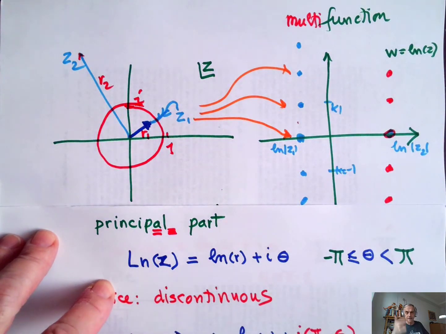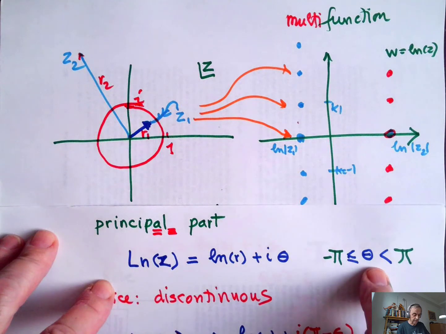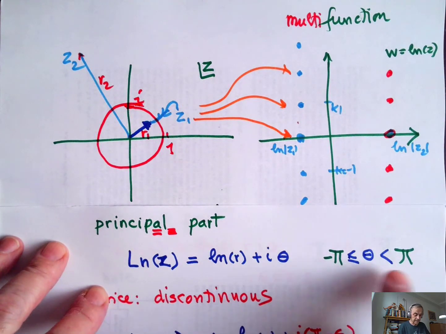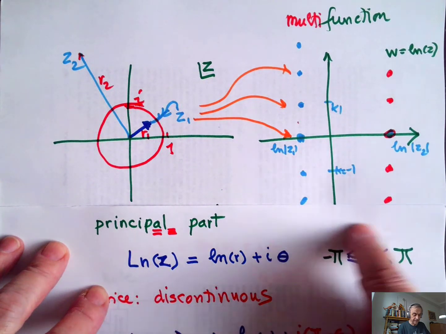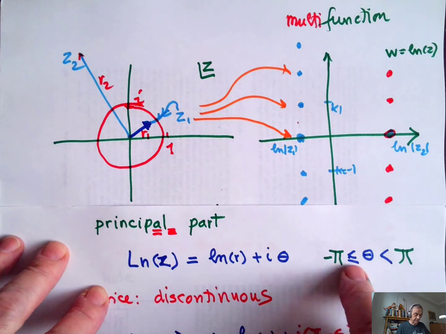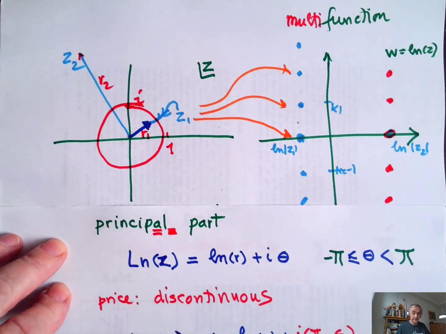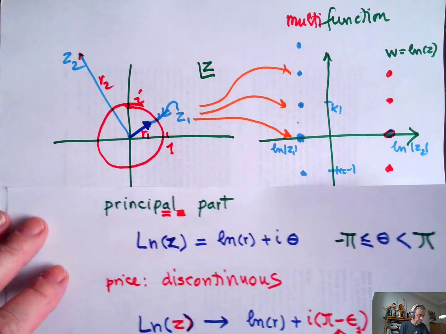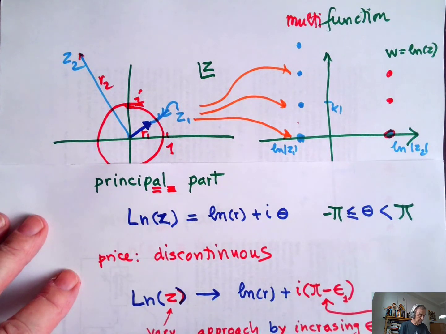So in one rotation you pick a point, which if it's minus pi, that's in the interval, and plus pi is not in the interval because it's identified, so it's open at the right hand and closed at the left hand. That's sensible, but you pay a price, and that is that you get a discontinuity.